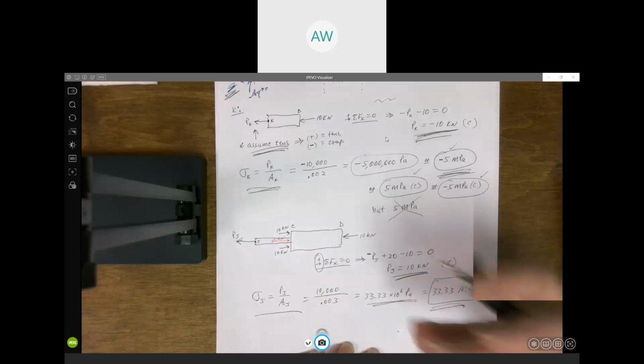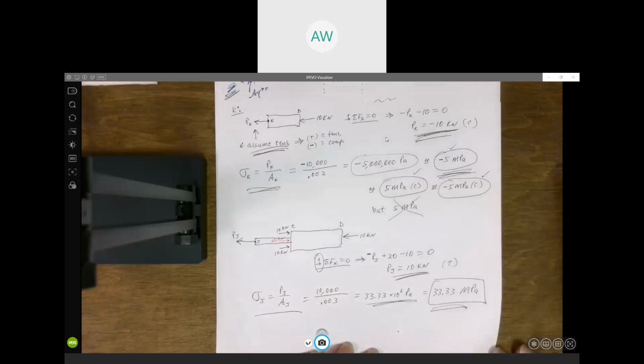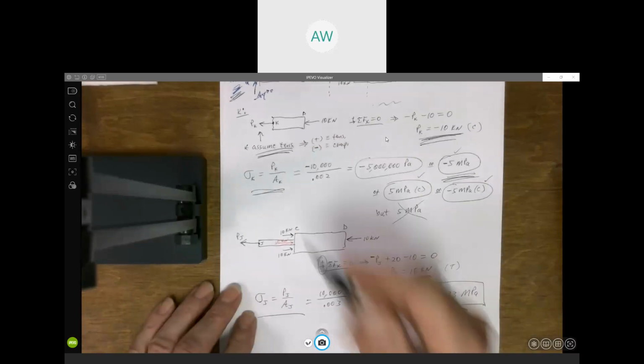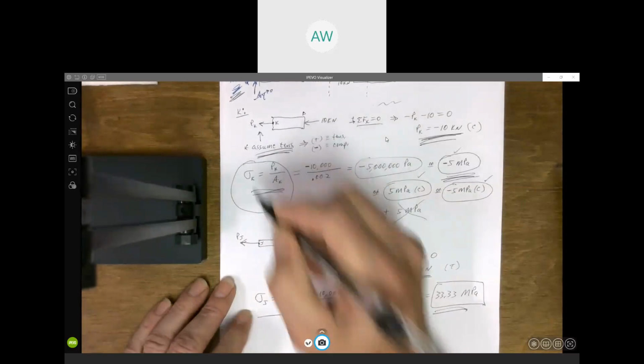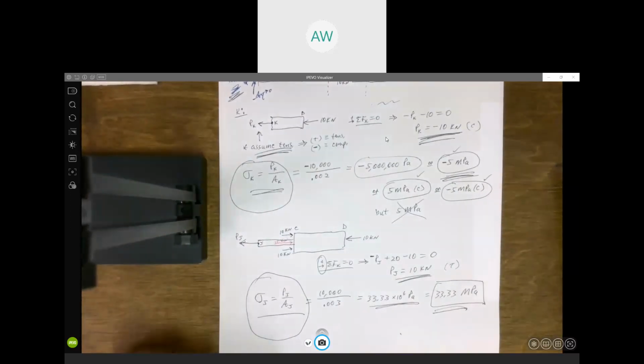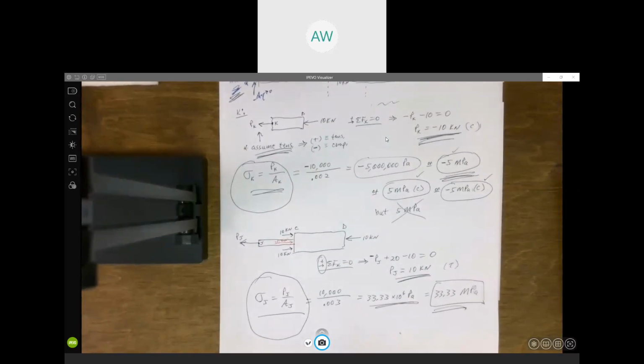But we got to be able to calculate the stress before we start talking about the material. If you notice, this is all statics, except this is the only mechanics of materials part of the whole problem, is knowing that normal stress is the axial force over cross-sectional area. You do statics to calculate that axial force, and you plug in those formulas to get the stress.